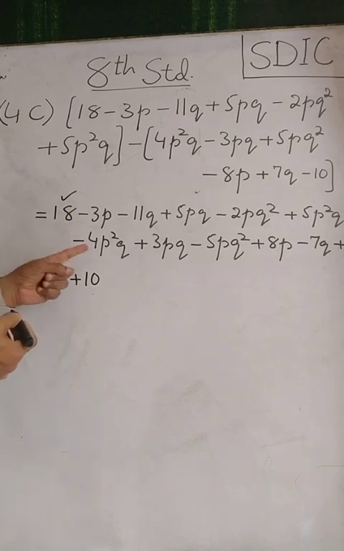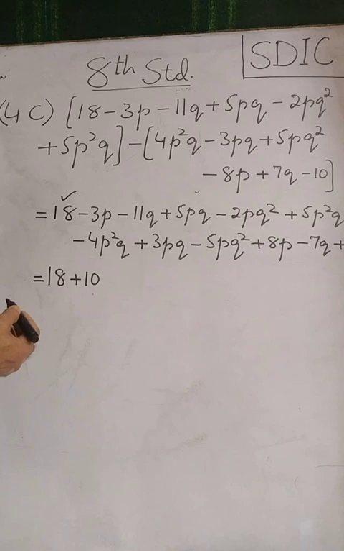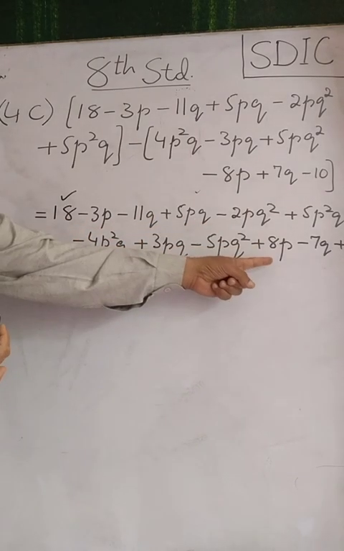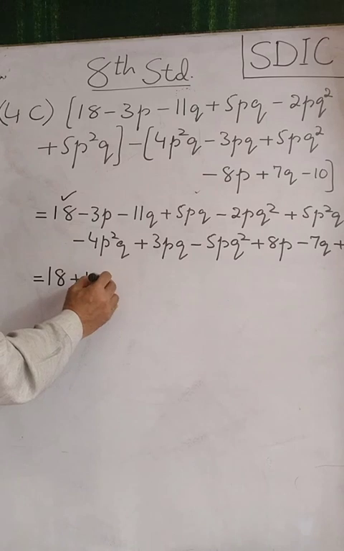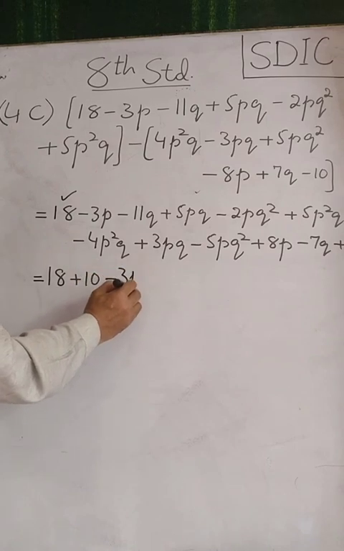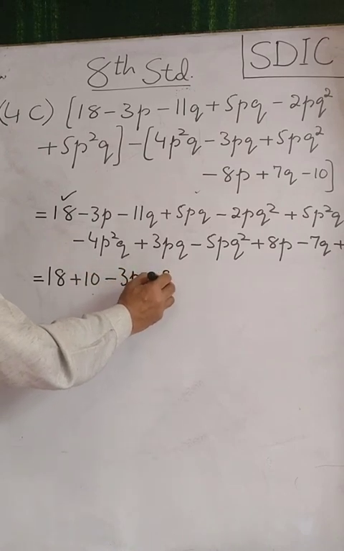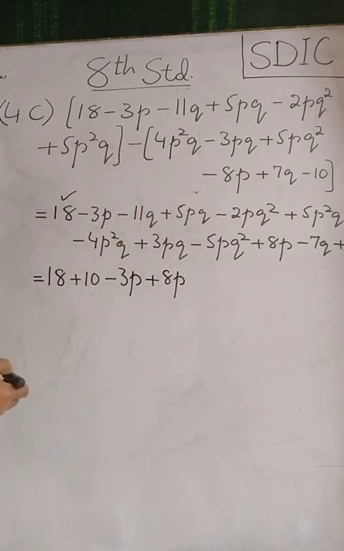Then another pair of like terms we have with variable part p. Again we have two such terms, this 3p and this 8p. These are like terms. We'll collect them and write them together with their proper signs, minus 3p plus 8p. Second pair of like terms.